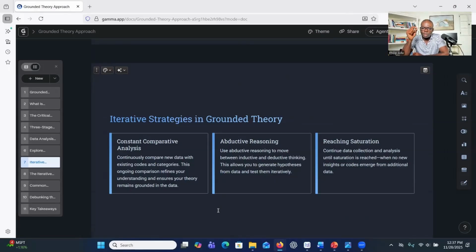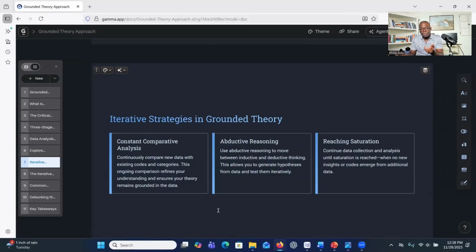One strategy is called constant comparative analysis. It's constant comparative because you are comparing what you are developing with the data that you have. You are continuously comparing the codes, categories and themes that you are developing with the data, making sure that everything you do is supported by the data. So let's say you have grouped the codes into categories.